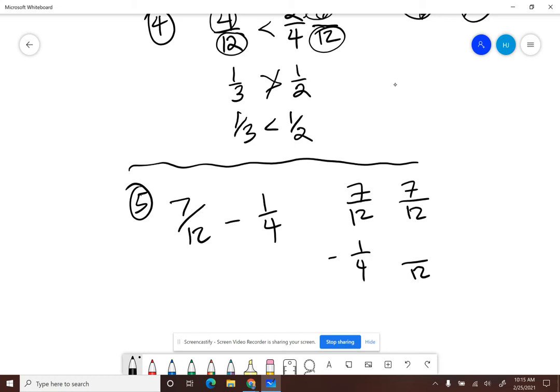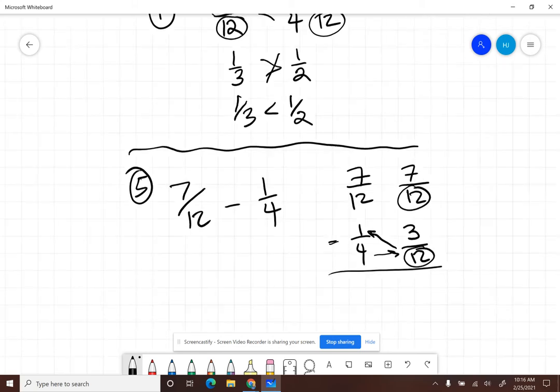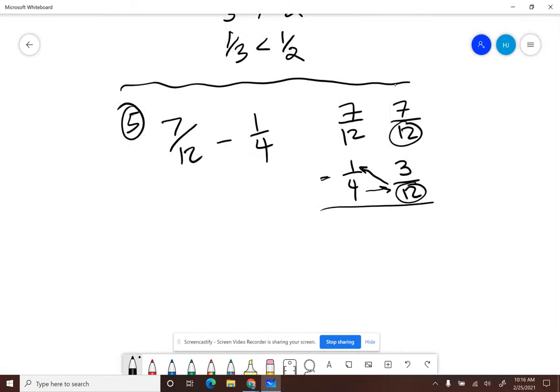So 4 times what gives me 12? Well, that would be 3. And so then 3 times 1 gives me what? It gives me 3. So that's how I convert 1/4 into something that has a denominator of 12. And now that I have the same common denominators, now I can just simply subtract my fraction. Now remember, when you add or subtract fractions, that you keep the same denominator.